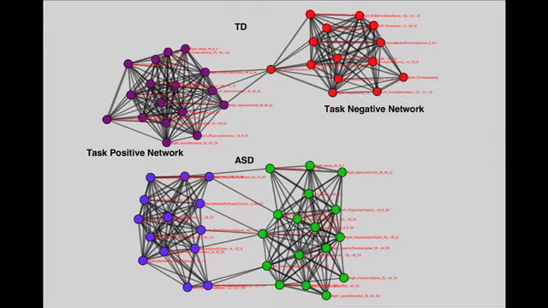So now I'm really going to try not to annoy you with busy slides. Please do not try and read all of this tiny little thing in red. You can even disregard these labels because I will not have the time to talk about task positive, task negative network, but I hope that you can see one important point, and that is that when comparing the typically developing children to the children with autism, these two networks are more highly segregated.